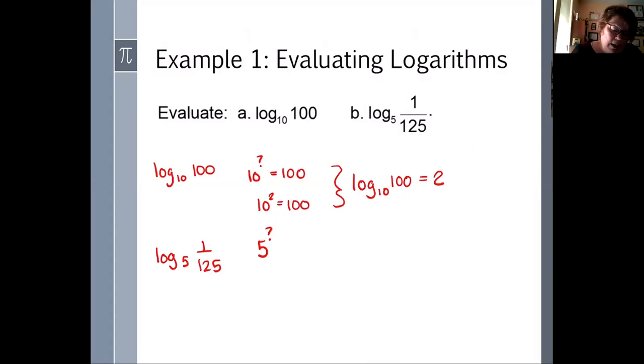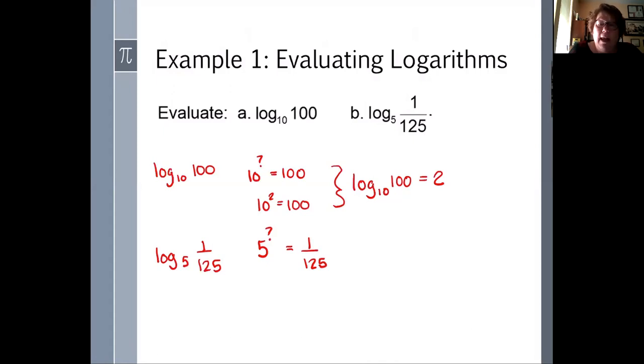And that's going to be equal to what I'm taking the logarithm of. So to be able to determine what this exponent is, I need to rewrite 1 over 125 as an exponential with a base of 5.